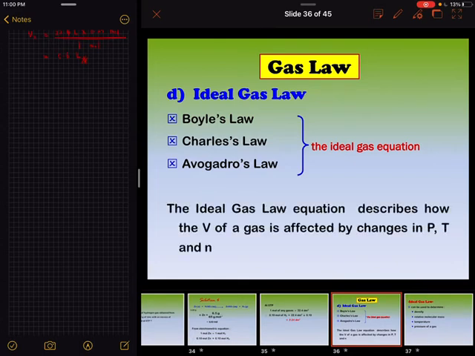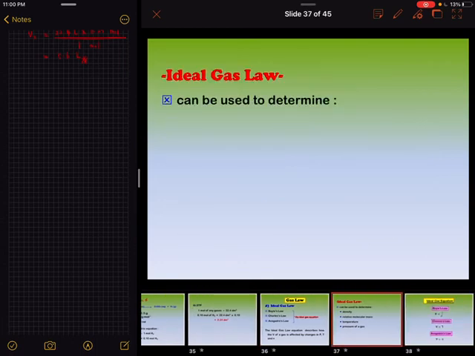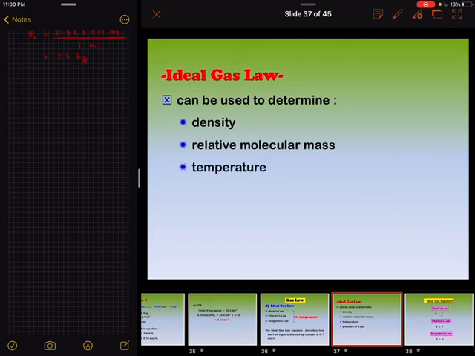Okay, and the ideal gas equation will describe how the volume of a gas is affected by the changes in P, T and N. Okay, so gabungan of these 3 gas laws, you akan ada a few variables, pemboleh ubah, iaitu V, P, T dan juga N. So the ideal gas law can be used to determine density of the gas, relative molecular mass of the gas, temperature and also the pressure of the gas.